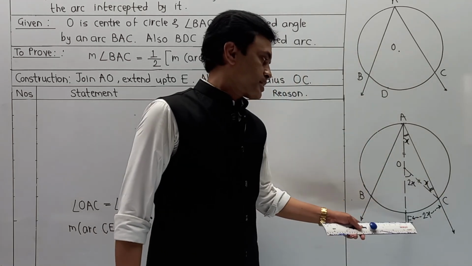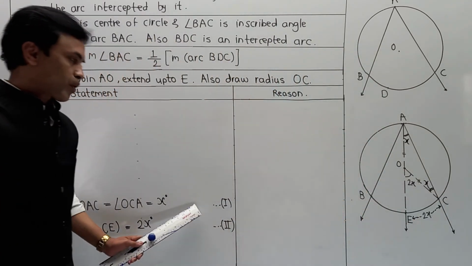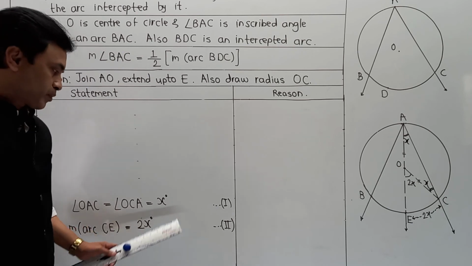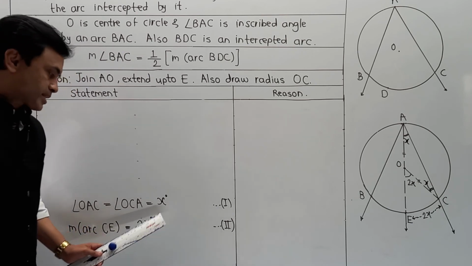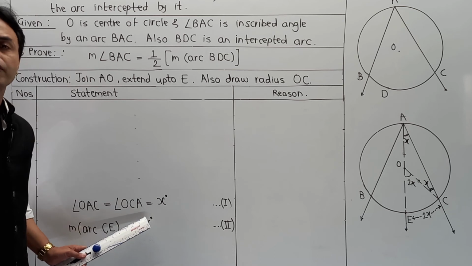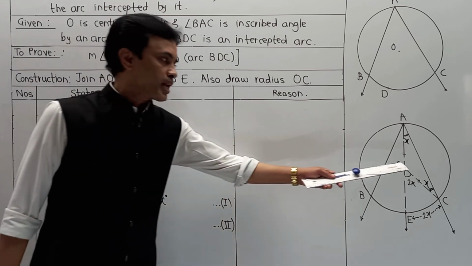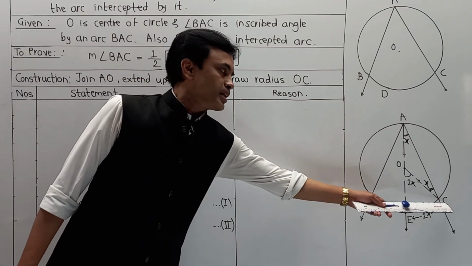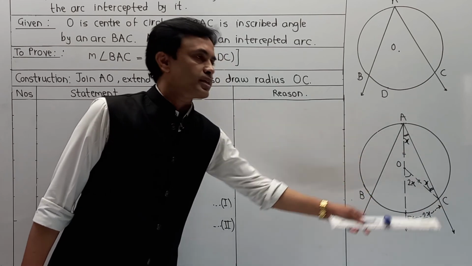Now, as major arc CE is equal to 2x, from 1 and 2 we can write that x is half of 2x. So you can say angle OAC, or EAC.